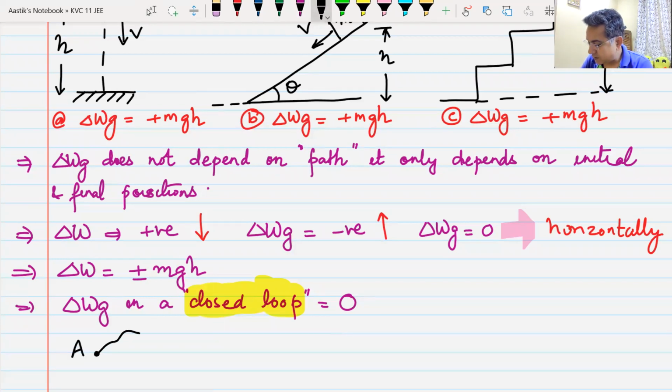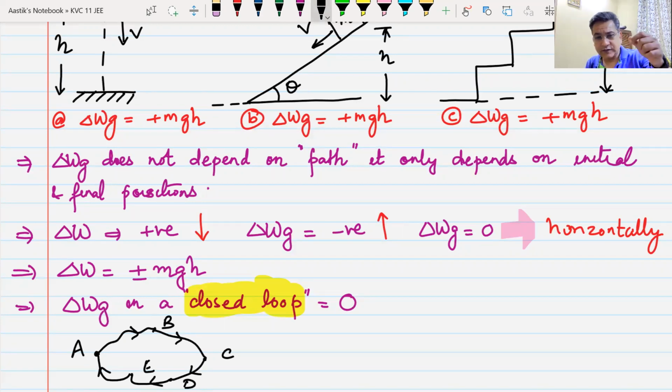I move from A to B, then to C, then to D, then to E, and then back to A. This is a closed loop. So I start from one point and come back to the same point. That is a closed loop.